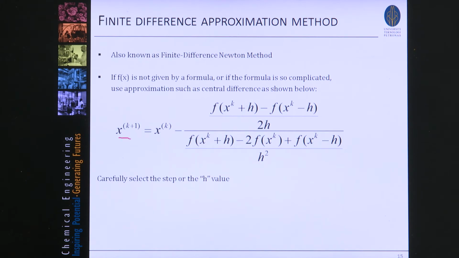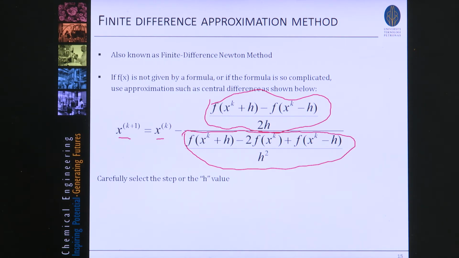So the new x is the old x minus, you can see this is the minus, the approximation of the first derivative with a new term h, or the step value, which you can define on your own, and then divided by the approximation of the second derivative, for one variable. So here, we don't need to do the derivative, just use this formula. By varying the value of h, you can calculate how much the new x changes from the old x.